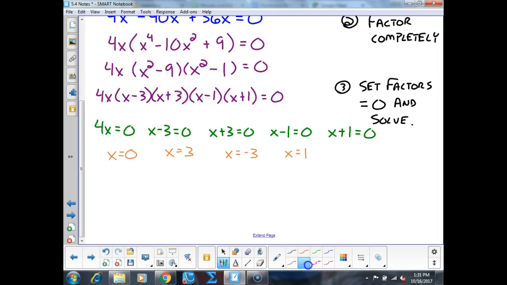On this one, I'd subtract 1, giving me x equals negative 1. Okay. So my answers then would be negative 3, negative 1, 0, 1, and 3.